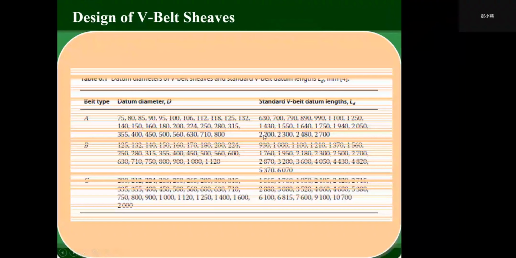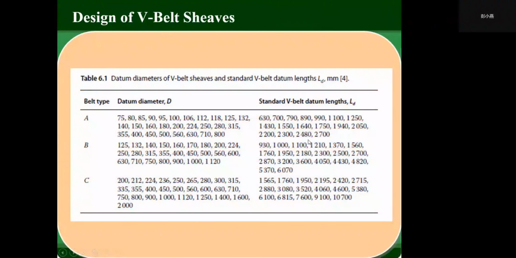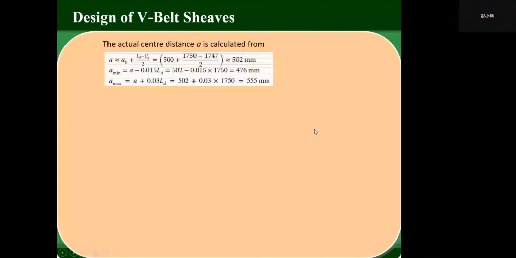And then for A belt, we choose the standard value, and then we modify the center distance. Use this to calculate the center distance. It's 502 millimeter, and also we can calculate the minimum center distance and the maximum center distance.